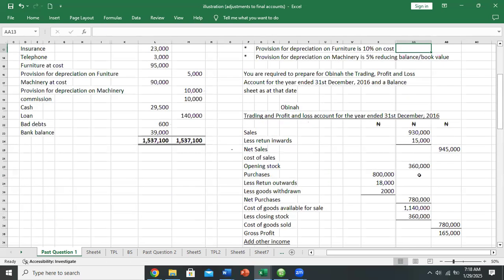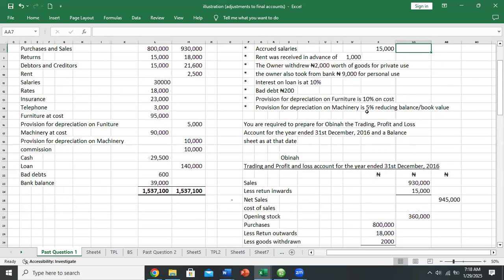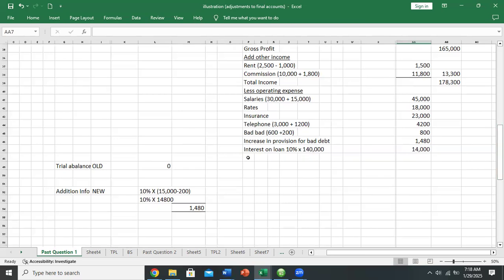Finally, we have to deal with provision for depreciation, right? And I told you one is on cost, one is on book value or reducing balance. Please, if you see it this way, very simple. The first one is on furniture. So we indicate provision for depreciation on furniture. We are being told to calculate 10% on cost.